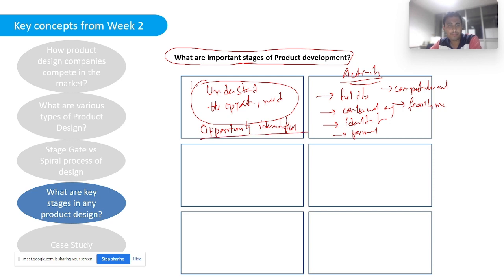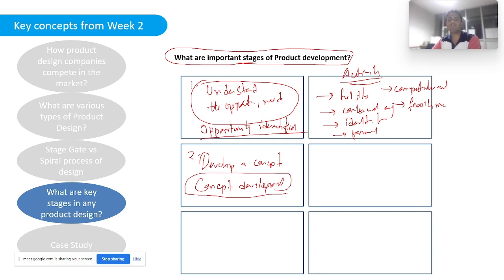The second stage is developing a solution, developing a concept. This is the concept development phase. I think if you are a product designer, it's probably something very basic for you.